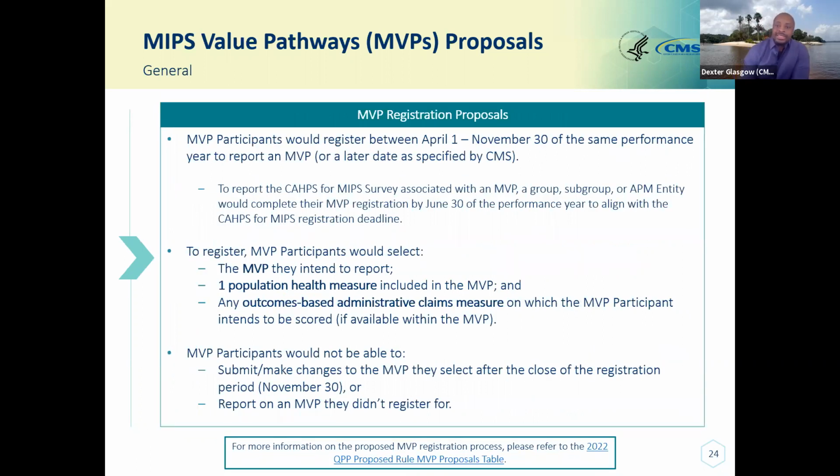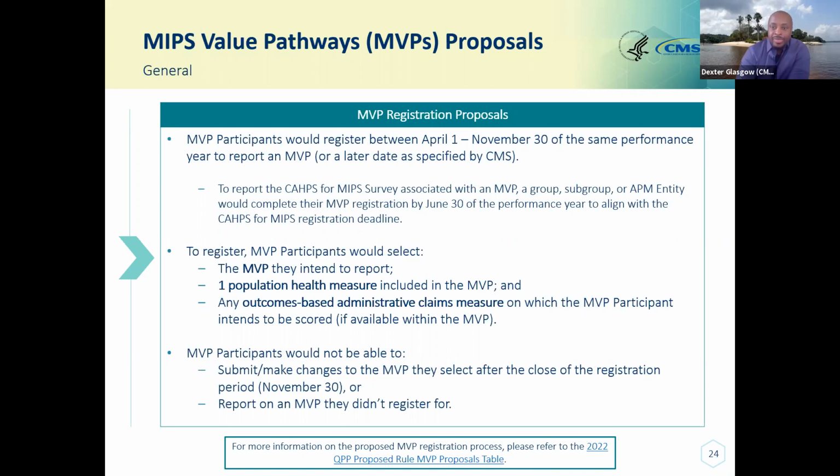So with the establishment of the MVP development criteria and the implementation of MVPs, we anticipate that in order for us to understand the uptick on MVP reporting and also tracking, we want to establish a registration process. So for example, for the 2023 performance period, MVP registration will begin on April 1st, 2023 and end on November 30th, 2023.